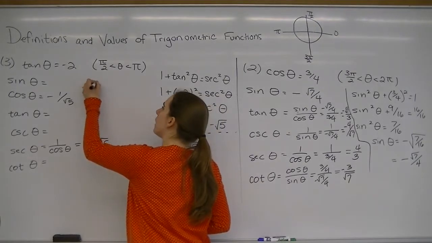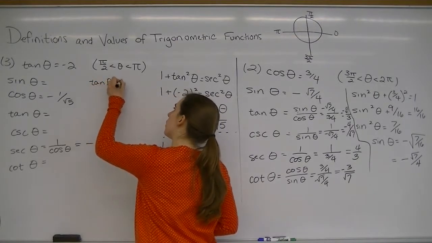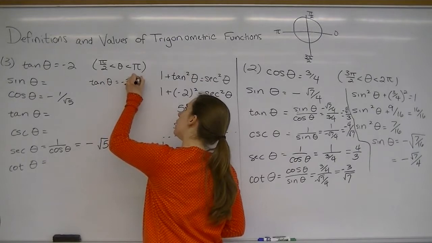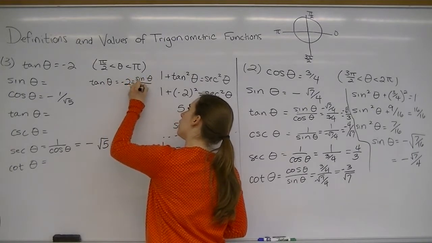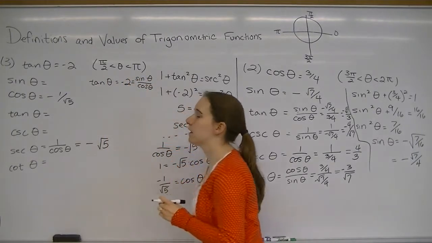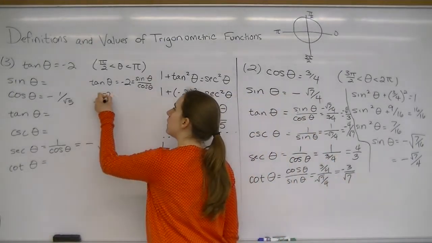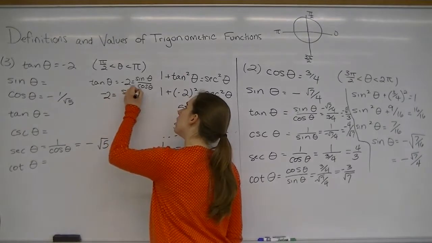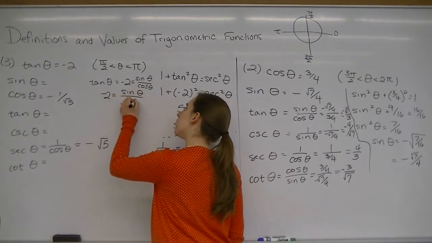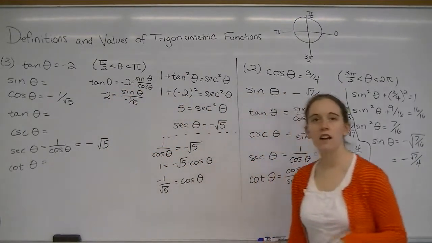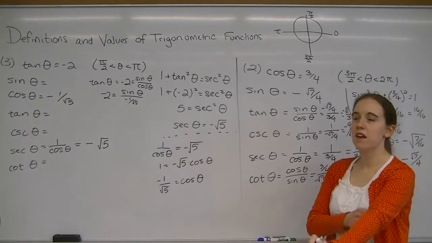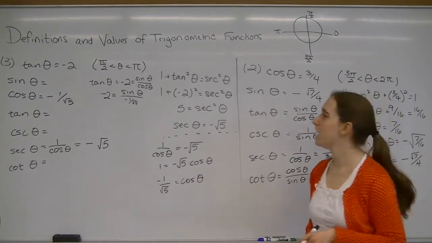So I know that tangent of theta, which is equal to -2, is sine of theta over cosine of theta. Well, now that I know cosine of theta, it shouldn't be too hard to find sine of theta using this method. And this is because I already knew tangent.